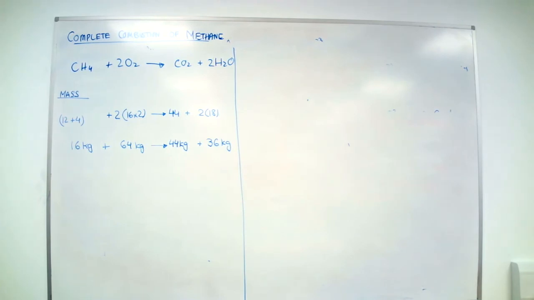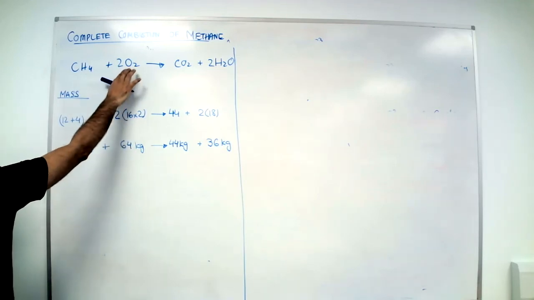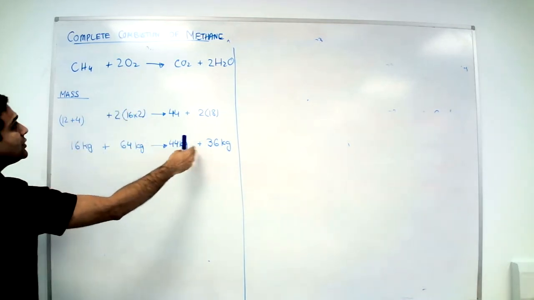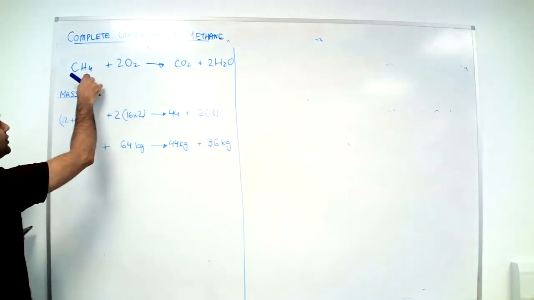So this is the complete combustion. Now I want to find out what 1 kilogram of methane requires. I don't need the CO2 and water; I want to find out how much oxygen and how much air is required.